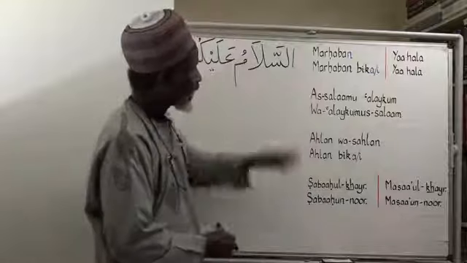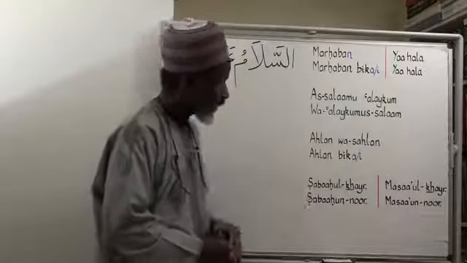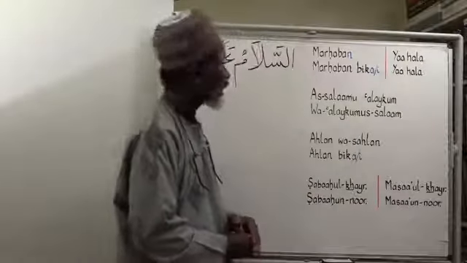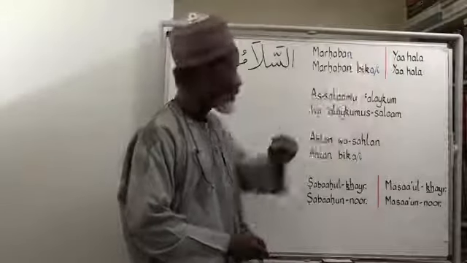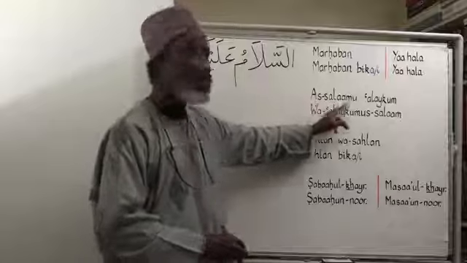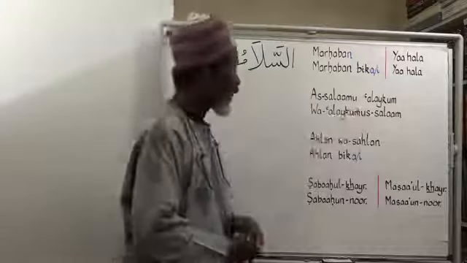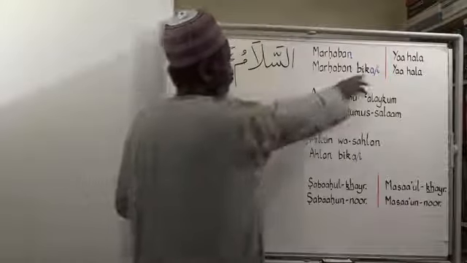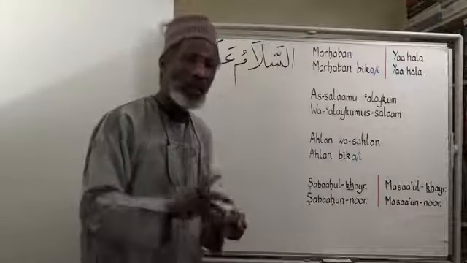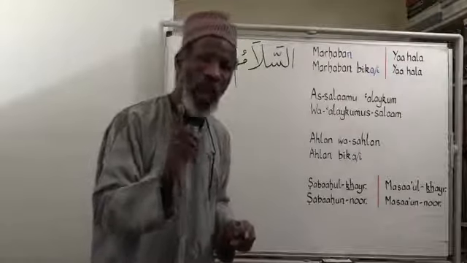Right, let's practice that first before we move to the other section here. So marhaban, marhaban bika, marhaban biki. Assalamu alaikum, wa alaikum assalam. Another thing I want to call your attention to. You may remember I say bika, meaning you are speaking to a single male.